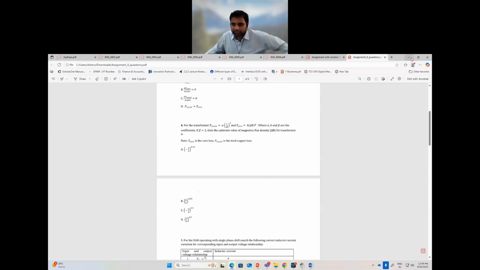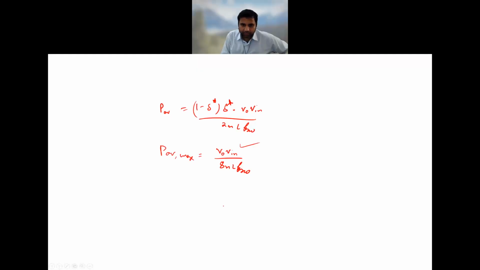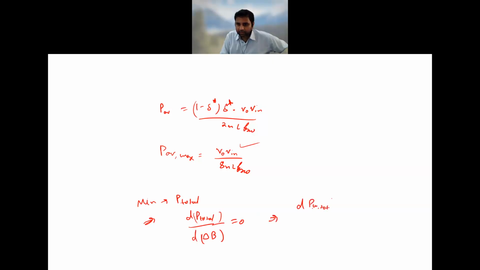Then in question 4, we have already discussed it. We wanted to have the minimum total loss, minimum P total. For that, we took the differentiation of P total with respect to delta B and set it equal to 0. That gives dP_Cu total divided by d delta B plus dP_core divided by d delta B equal to 0, and then you rearrange this.